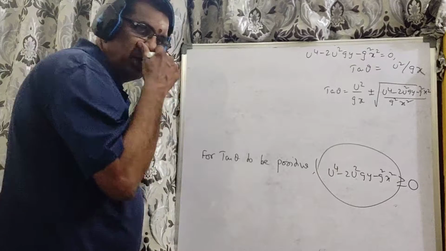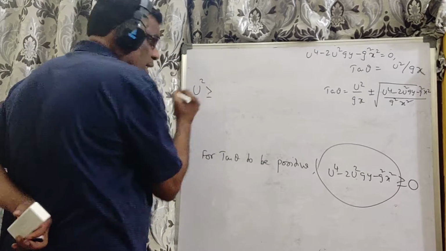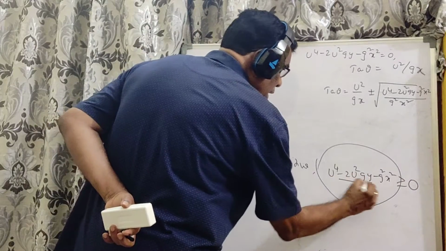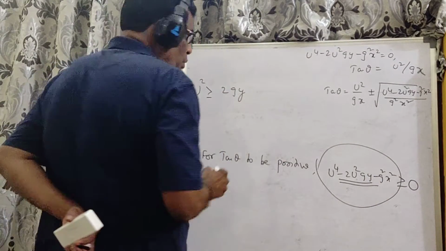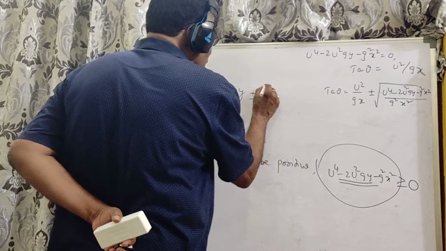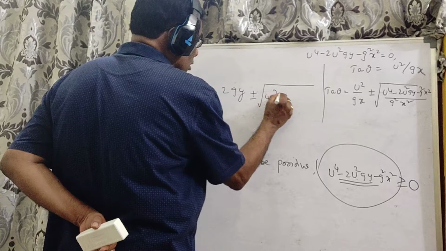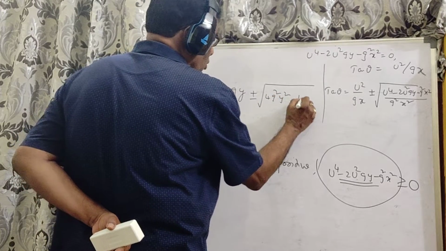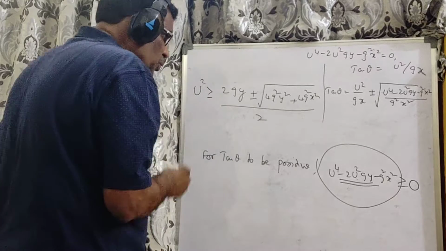Now coming to this, it is another quadratic equation in u square, and it is not equal to 0 here. If it is greater than or equal to 0, I will again write u square is greater than or equal to minus b, that is 2gy, plus or minus under root b square minus 4ac, whole divided by 2a.